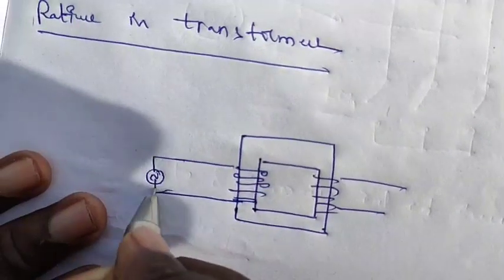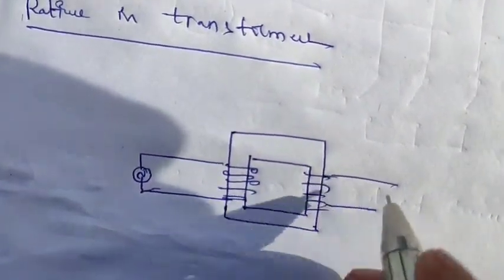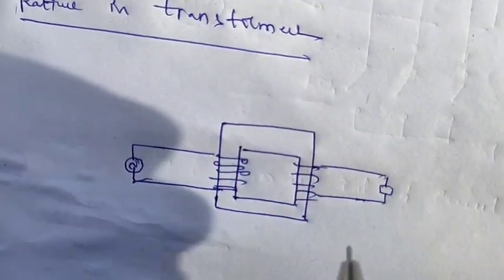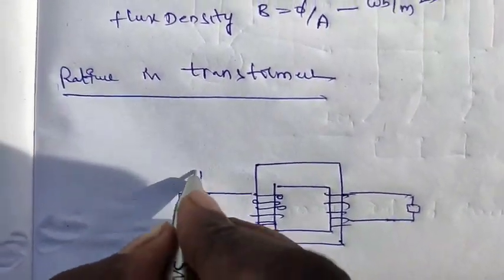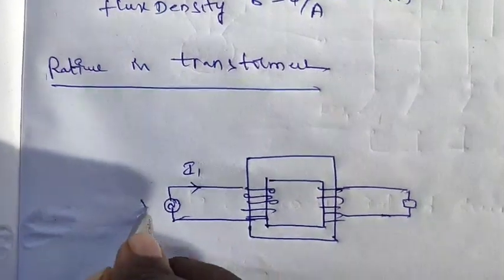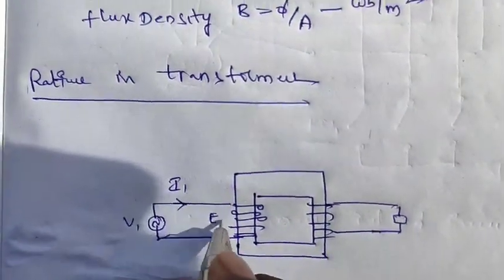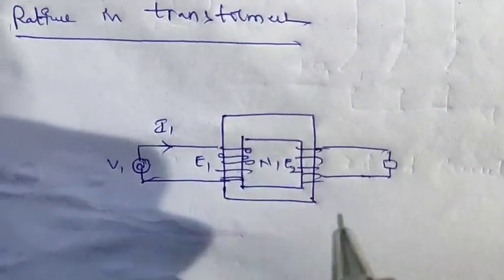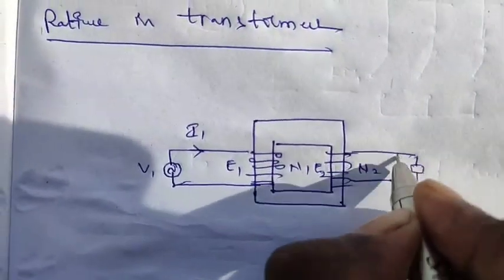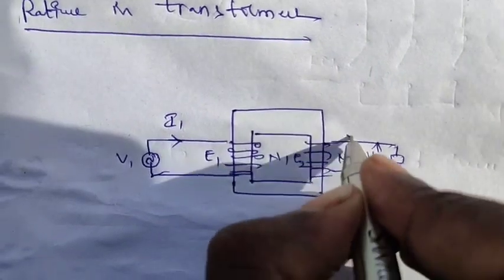When we connect supply, that is primary. When you connect the load, that is secondary winding. Primary winding has current I1, supply voltage V1, induced EMF E1, number of turns N1. Secondary has induced EMF E2, number of turns N2, voltage V2, current I2.